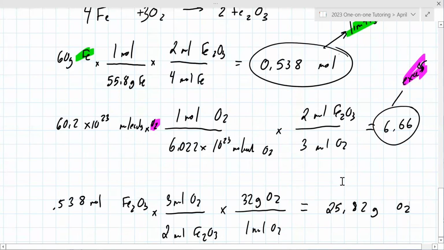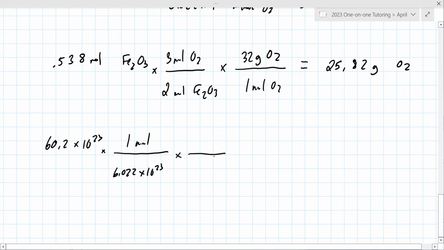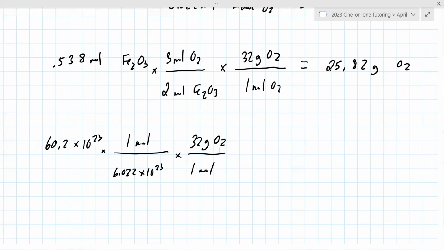So you take that 60.2 times 10 to the 23rd divided by Avogadro's number, 6.022 times 10 to the 23rd, and that's 1 mole. And then 1 mole of O2, this is all O2, is 32 grams of O2. So basically you have to go back to the original and figure out how much we actually had.